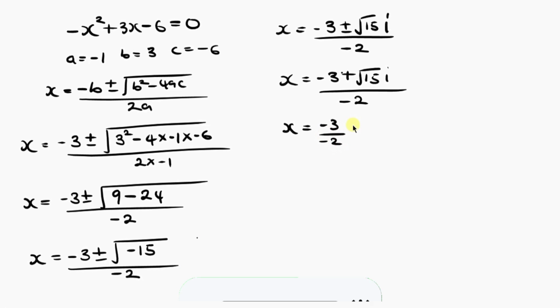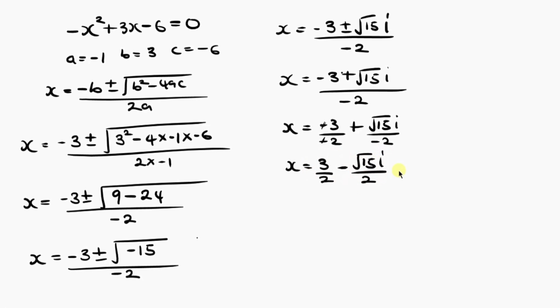Are you seeing that? Plus root 15 i over negative 2. So this will give you, negative can go with negative, right? Cool. Remaining 3 over 2. Now, plus times minus gives you minus. So root 15 i over 2. So this is one root. Now, let's get the other root.